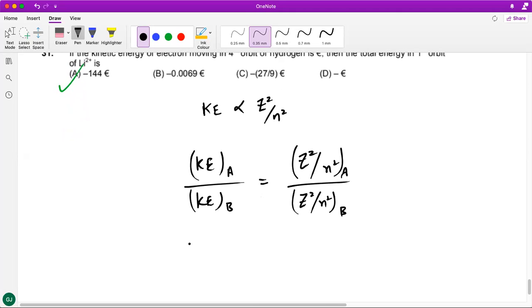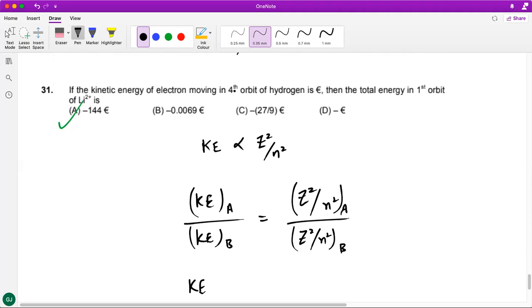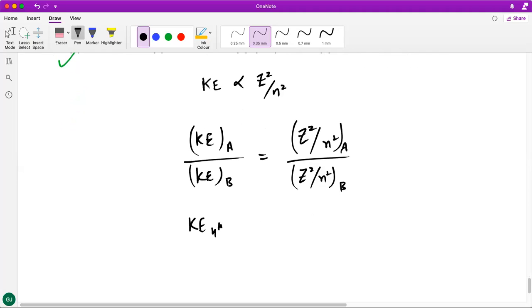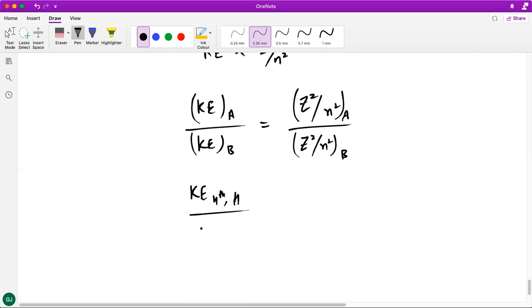So in the first case, kinetic energy of the electron in the fourth orbit of hydrogen, so fourth orbit of hydrogen, and first orbit of Li2 plus. First orbit of Li2 plus.